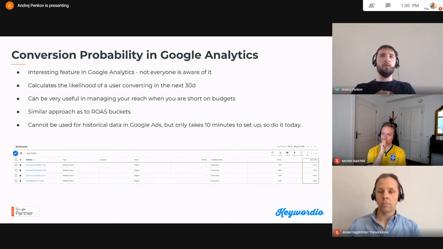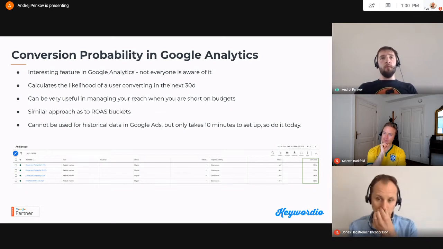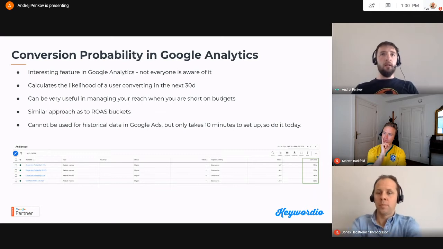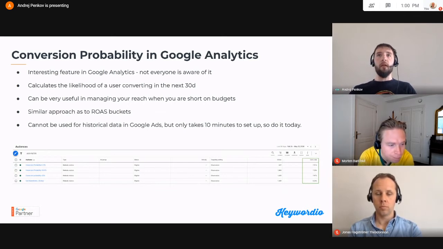You need to go after them as much as you can. And it turns out, if you make good use of conversion probability segments, then, like in this particular example, the cart abandoners are actually underperforming a little bit. There are other things there that you can set up in 5 minutes and make very good use of.